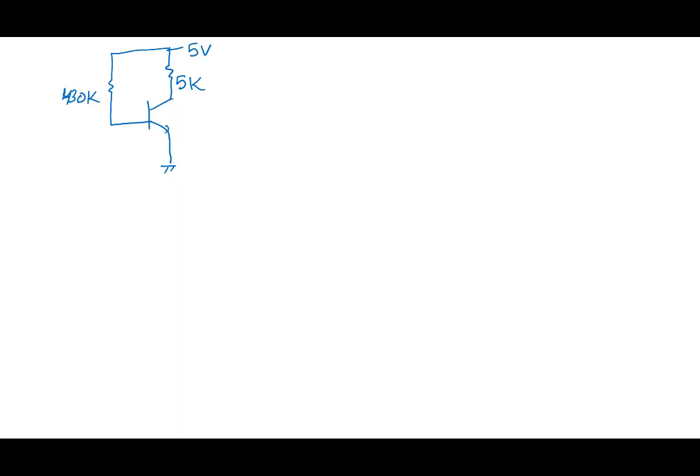What happens now? Assume forward active. If you assume forward active, again you will get, as usual, IB equal to 10 microamperes. Beta is again 100.